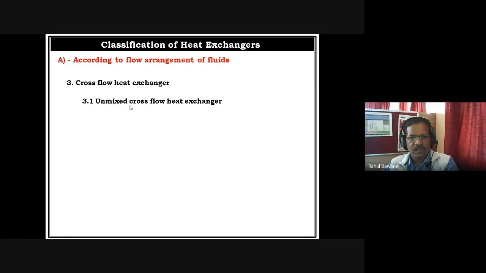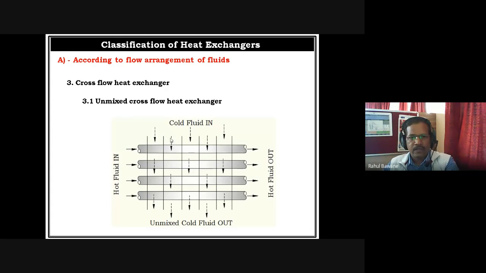First is unmixed cross flow. Unmixed means there is no direct mixing of fluid, and this is the application of unmixed. It is similar to a radiator. The hot fluid passes through the tube, and cold fluid or air passes over the tube in a 90-degree direction, so it is called cross flow.